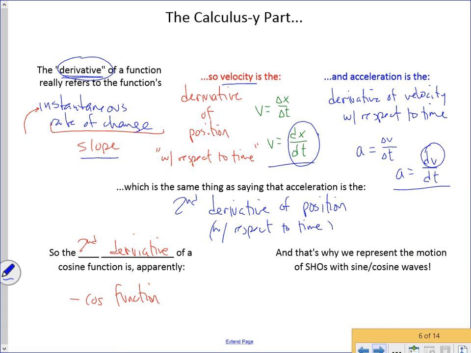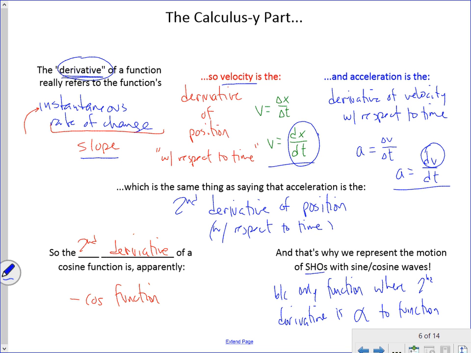And so, that's why we represent the motion of simple harmonic oscillators with sine and cosine waves, because the only function where the second derivative is proportional to the function itself is a sine or a cosine.